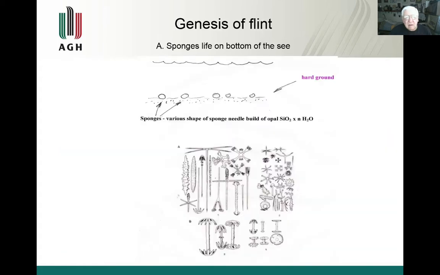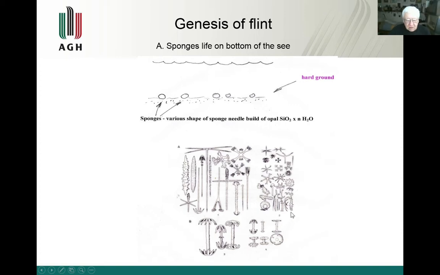And now some information concerning the genesis of flints. Flints are mostly petrified, silicified sponges of various ages, and there are many types of sponges, but a part of the sponges is composed of so-called spicula.